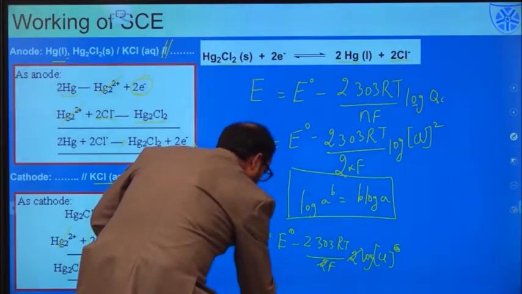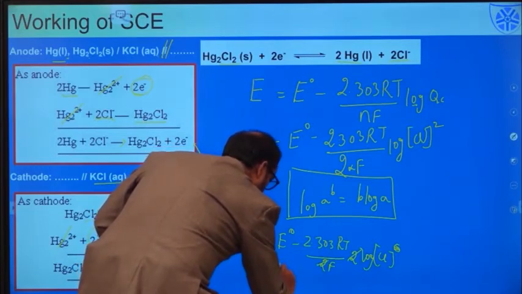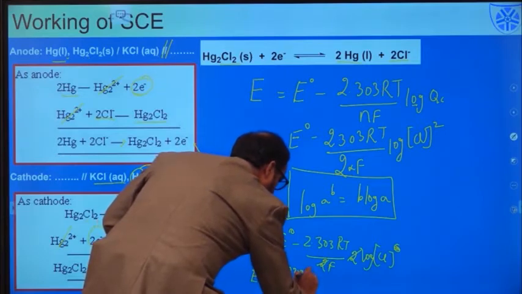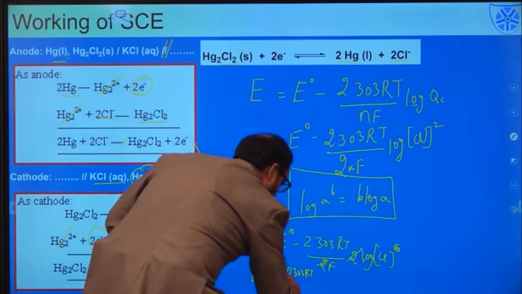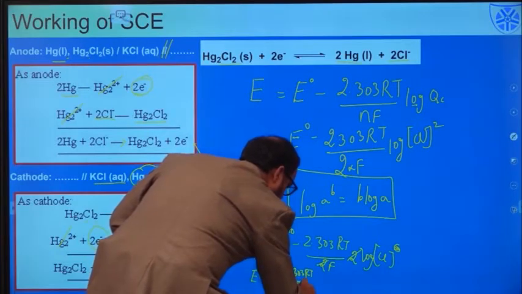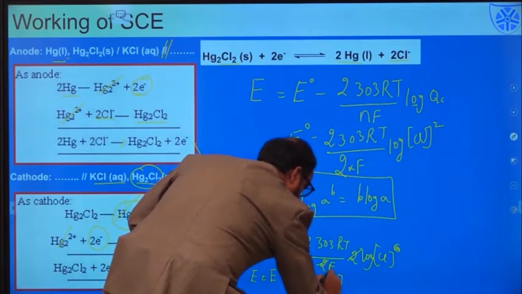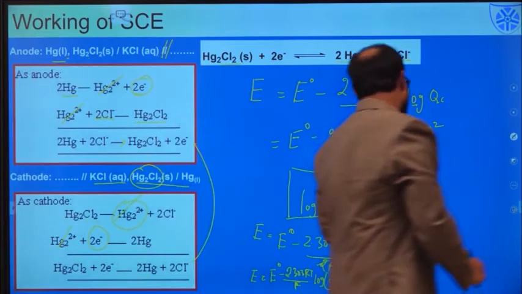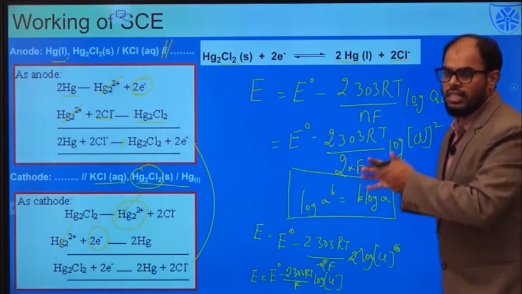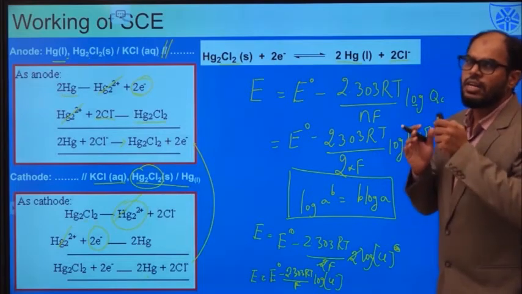At the end of the day, we can say that E is equal to E naught minus 2.303 RT by F log Cl minus concentration. This is the way we can apply the Nernst equation to the SCE to find out the cell potential at a non-standard condition.